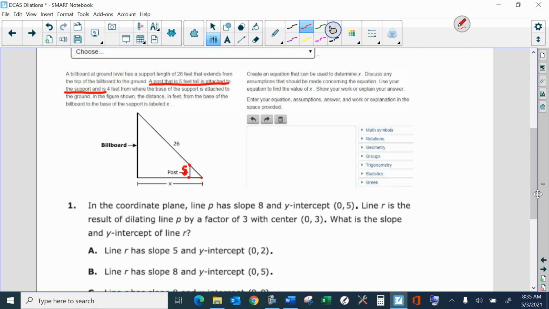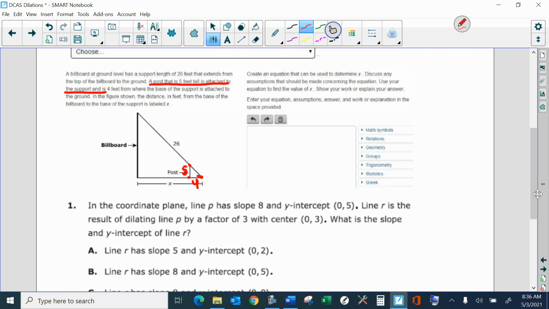There's the base of the support. Yes, right there.